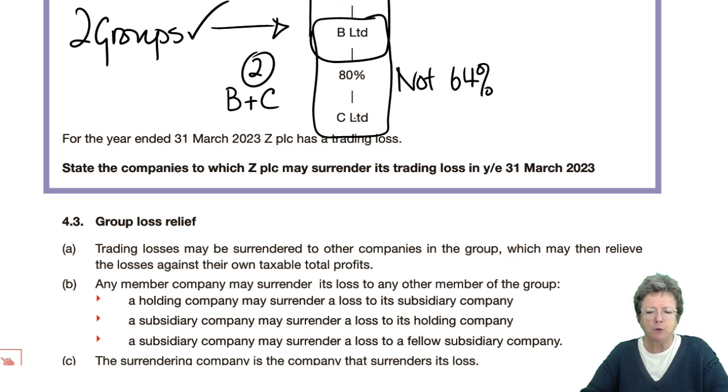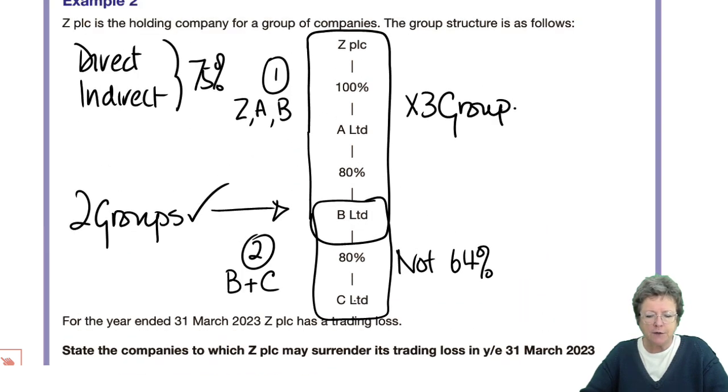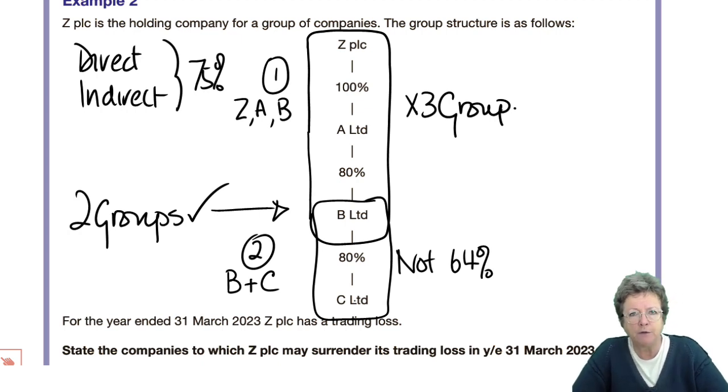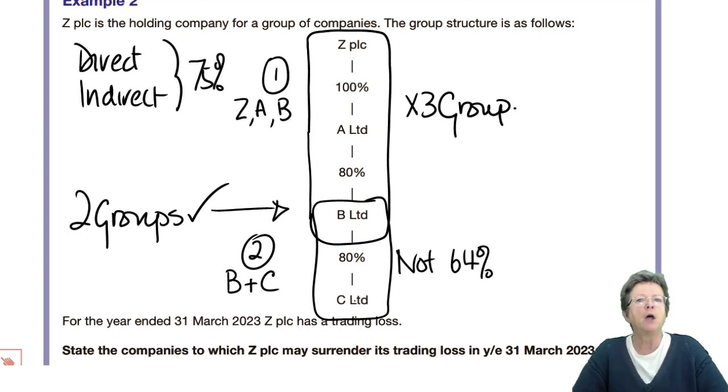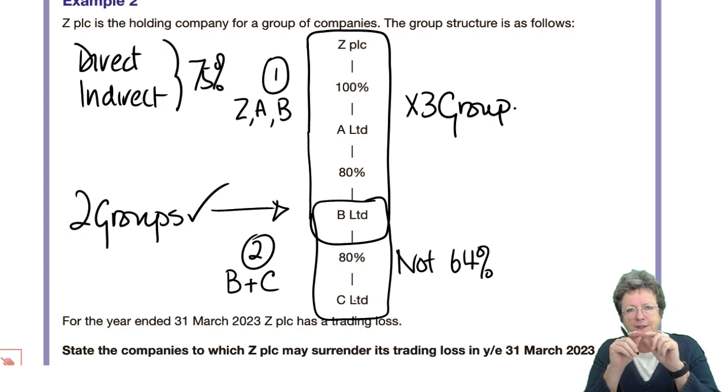That's what's really important. Now, just a side note, if you get a limited company group question in your exam and it doesn't have a diagram, in other words, it says Z owns 100% of A, A owns 100% of B, and B owns 80%, and so on, if you find it more difficult with the sentences, then draw it out.